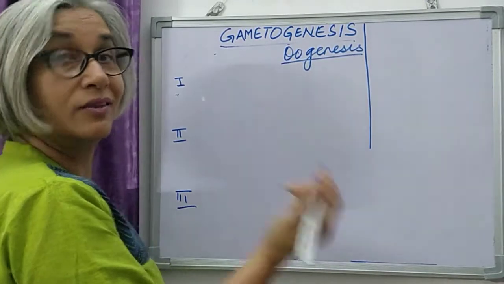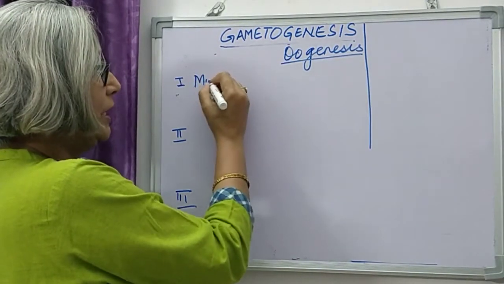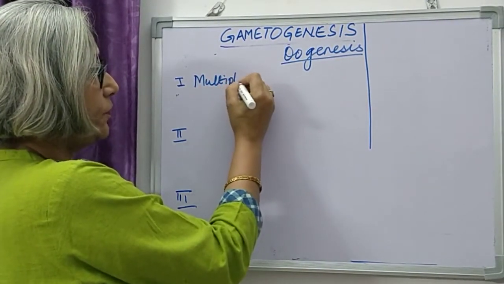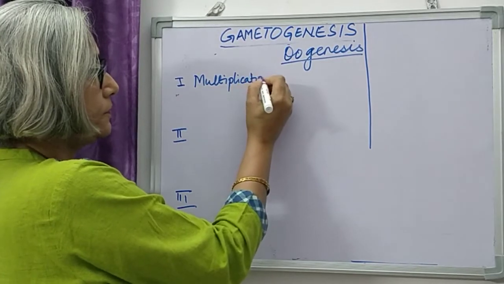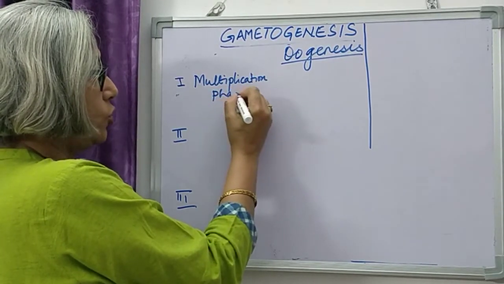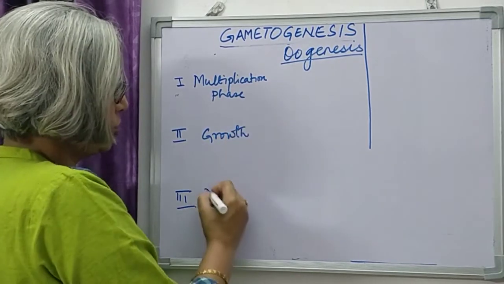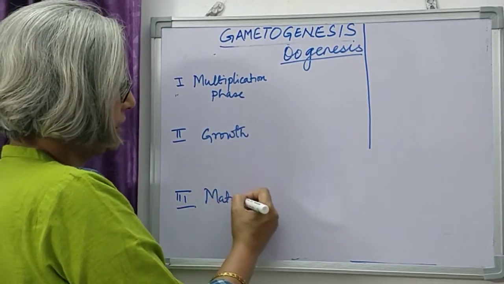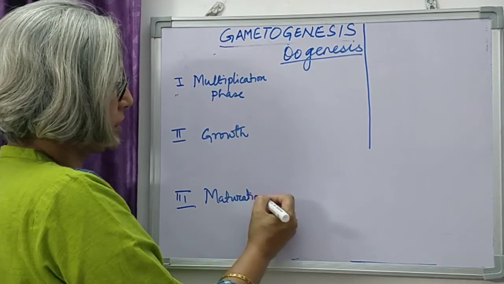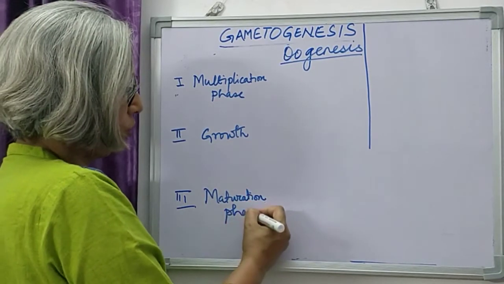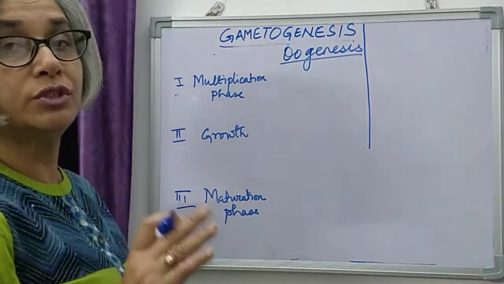What are these? The first is multiplication phase. Second is growth phase. And the third is maturation phase. Basic steps of gametogenesis are the same in spermatogenesis and oogenesis.